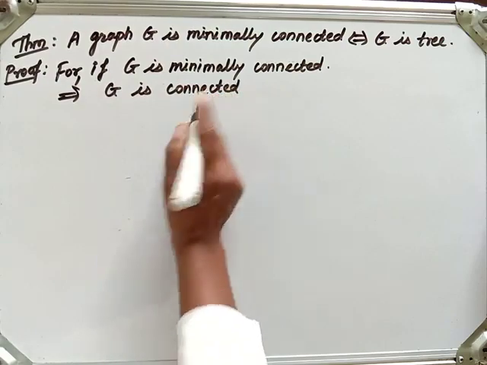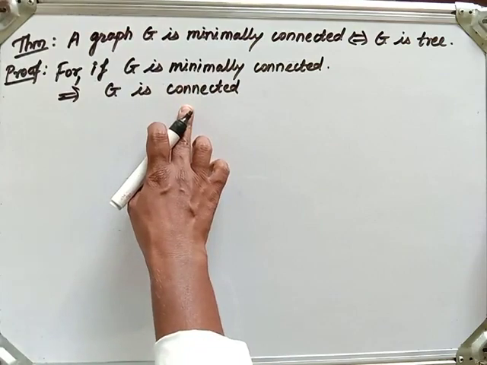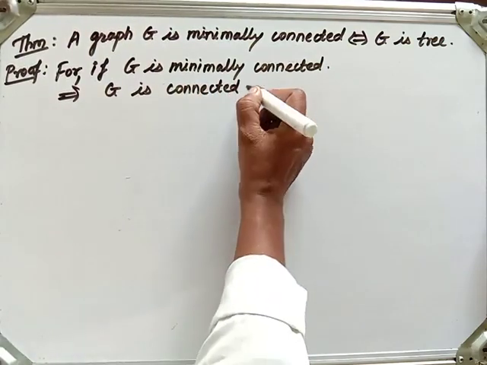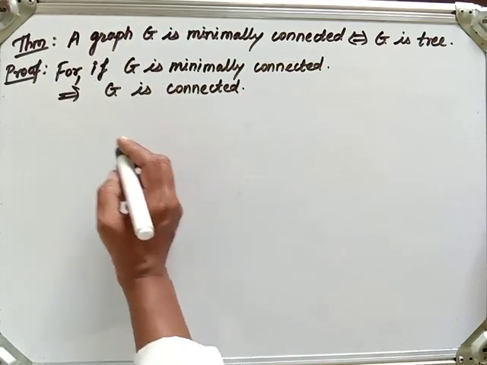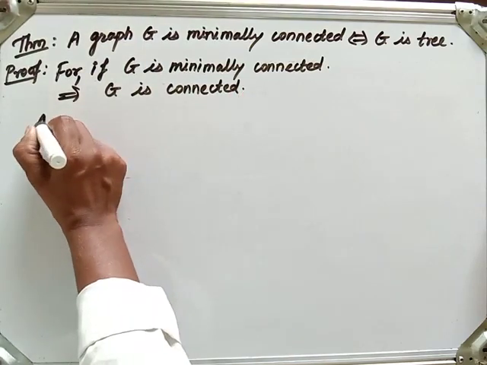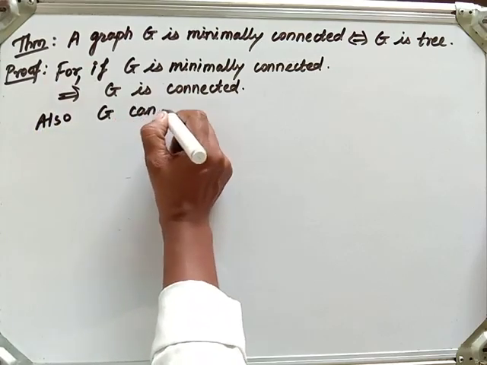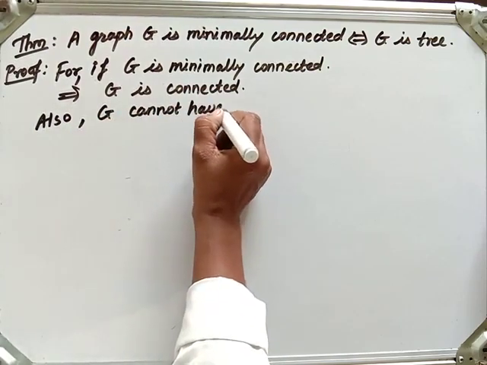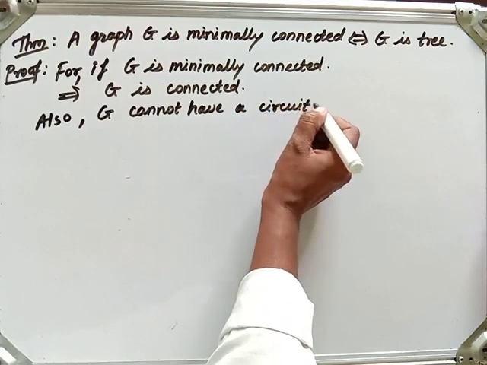Again I will repeat, as we have to show G is a tree, we have to show it is connected and circuitless. Now it is minimally connected means it is connected. There is a path between any two vertices of the graph, right? Also G cannot have a circuit.